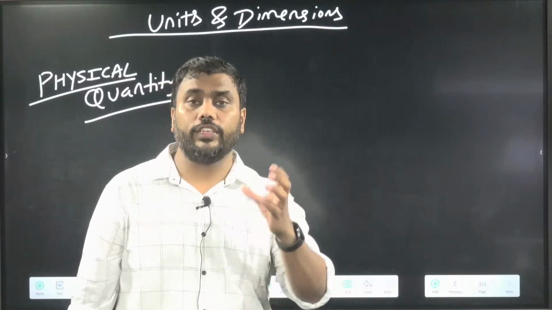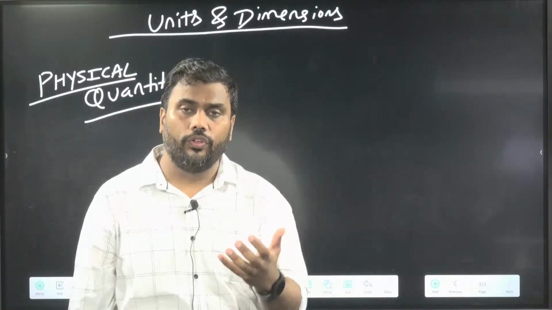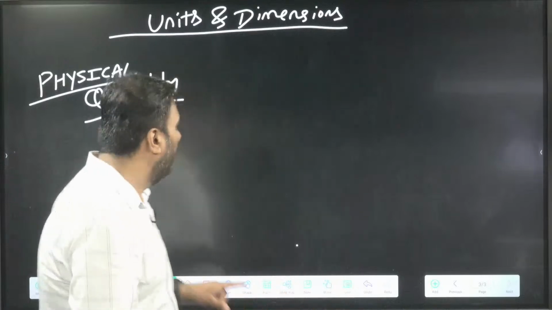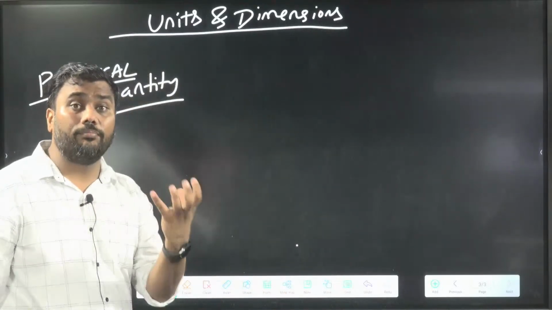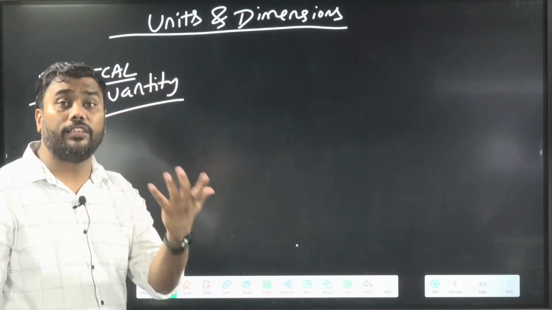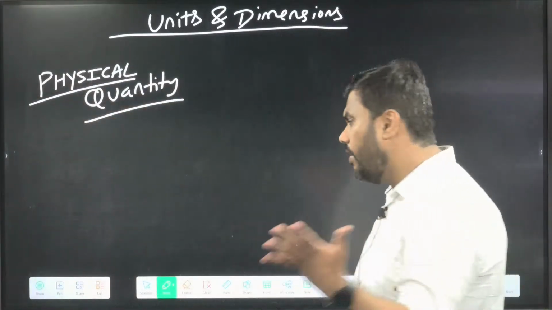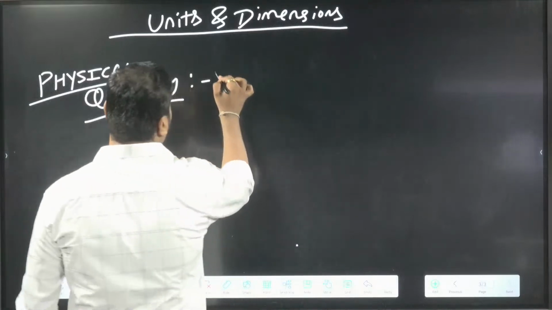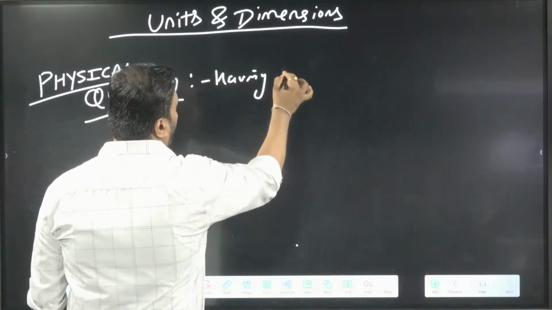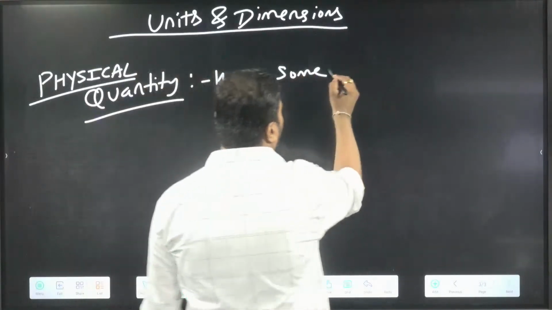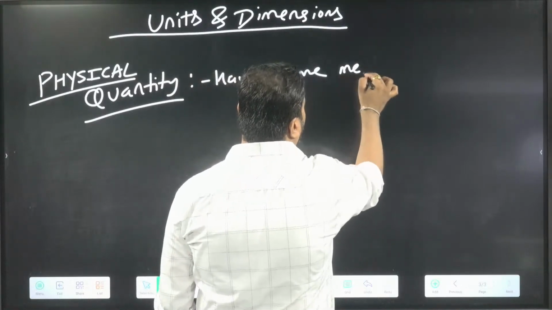This kind of quantity which has magnitude, which has a value, is called a physical quantity. A physical quantity has some magnitude, and it is measurable. So note down: physical quantities having some measurement.